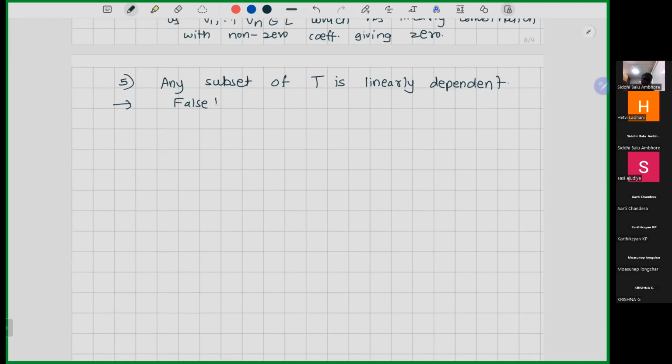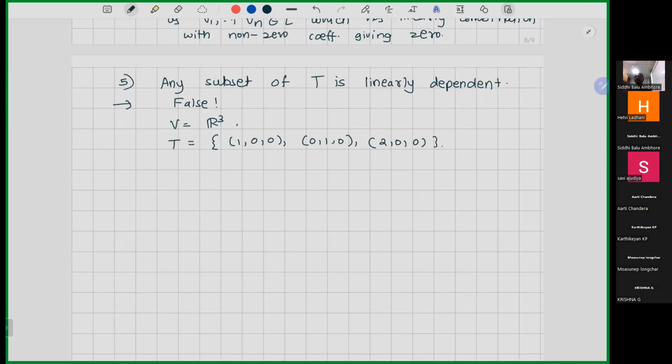Any subset of a linearly dependent set need not be linearly dependent. Again, what we were working with so far, we can take this set (1,0,0), (0,1,0) and (2,0,0).